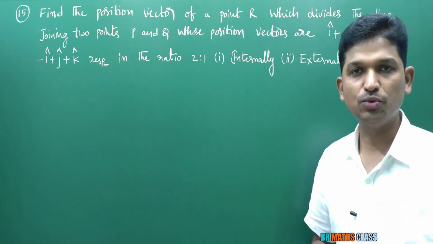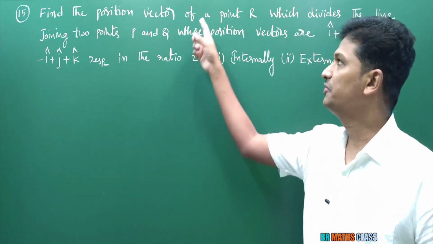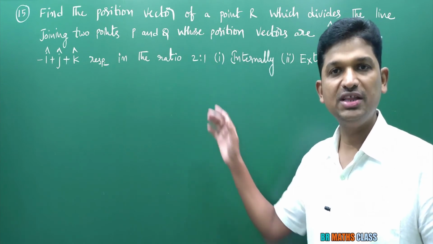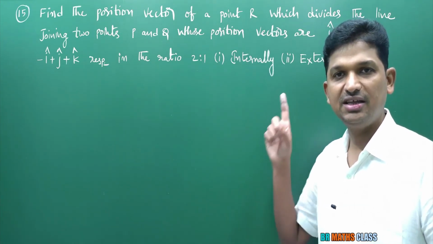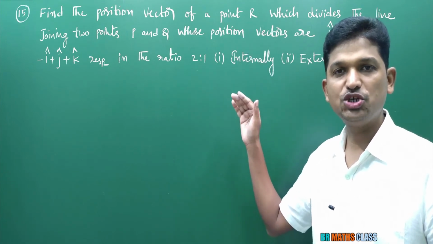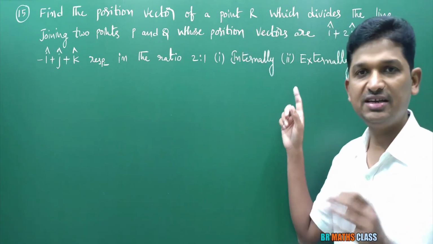Both the things we need to do. What is R? R divides PQ in the ratio 2:1 internally, that is bit number 1. And the point R divides PQ in the ratio 2:1 externally, that is second bit.